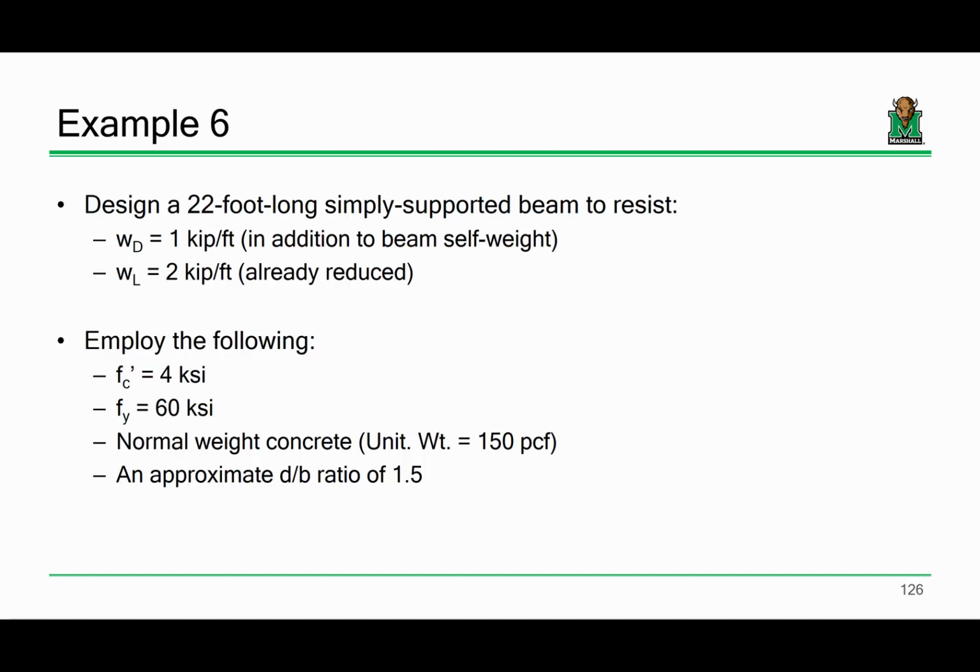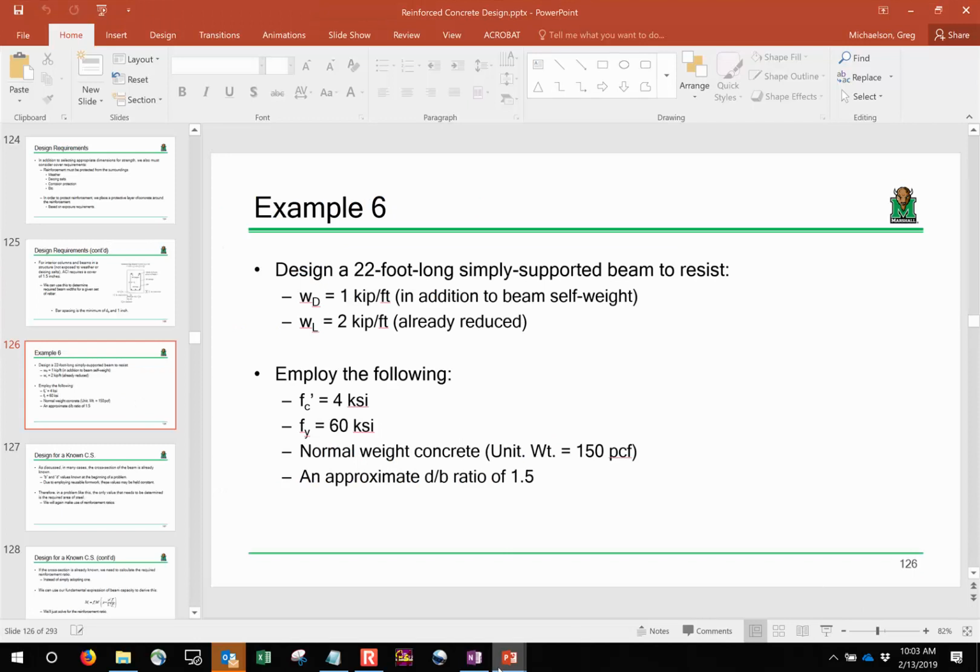Pop quiz, what's superimposed mean? It's where it's on top of the self-weight. Remember, superimposed load is load on top of the self-weight. So we have the beam self-weight, and then we have a 1 kip per foot superimposed on top of that. And then 2 kips per foot live load that's already reduced, and our material properties accordingly.